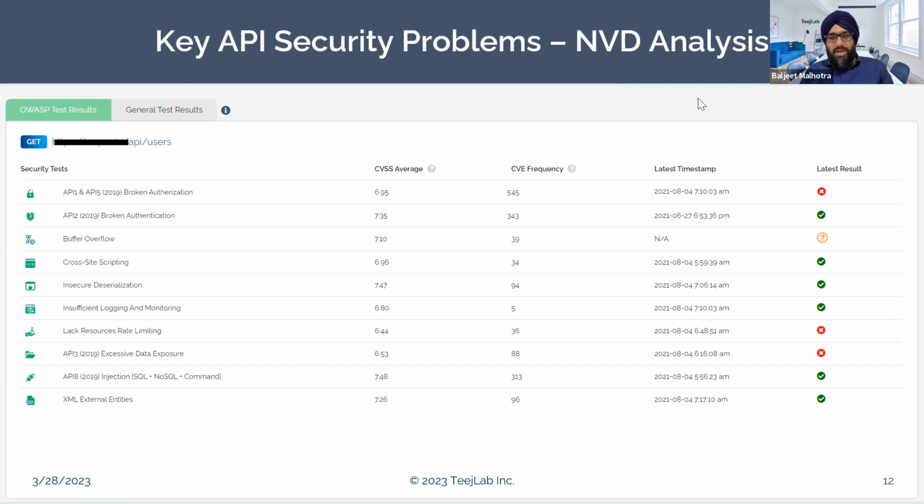A lot of APIs we saw were without any authentication, but people thought this is just my internal API, or this API is not transacting any important information, so I should not have any authentication. But as you know, this is not a good practice. So the summary here is, the top problem we found, as depicted by the frequency here, the number of vulnerabilities that we could map to authorization and authentication problems, were the top two problems.